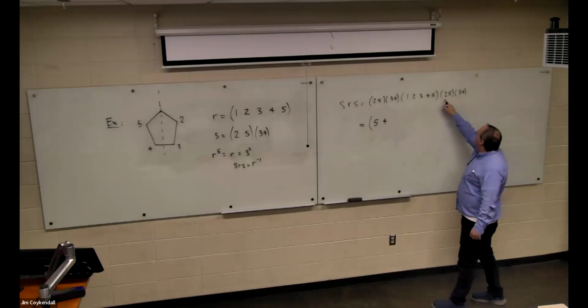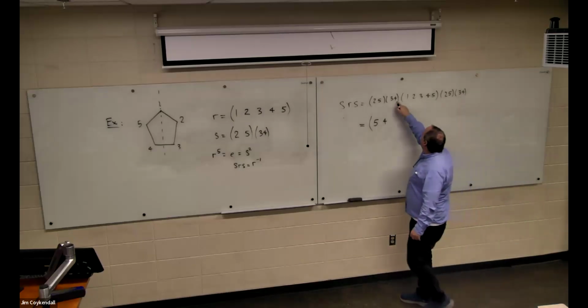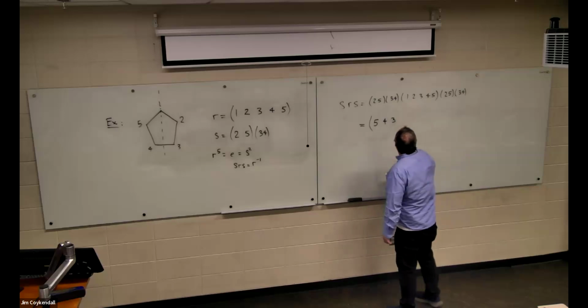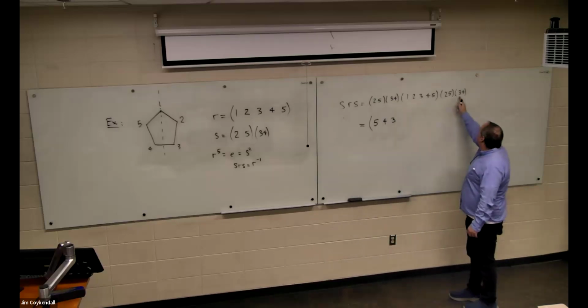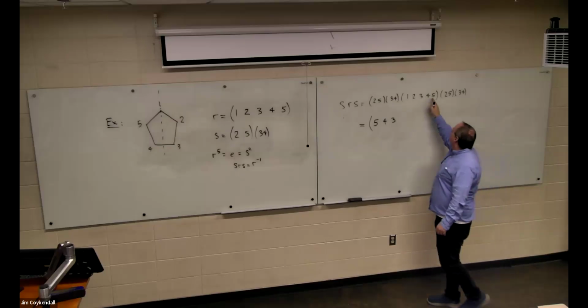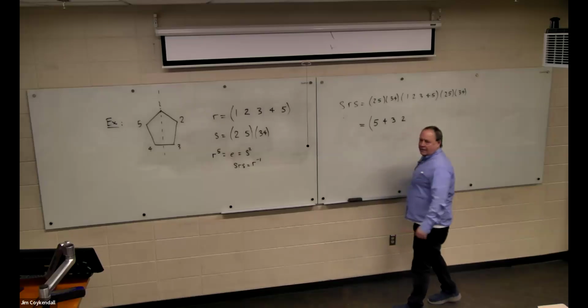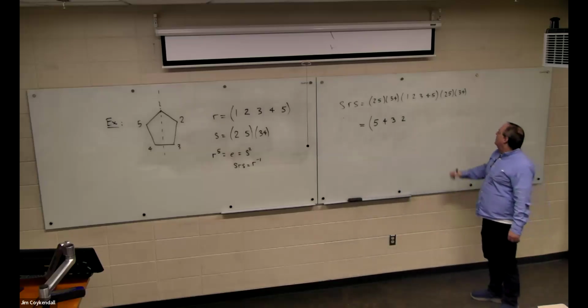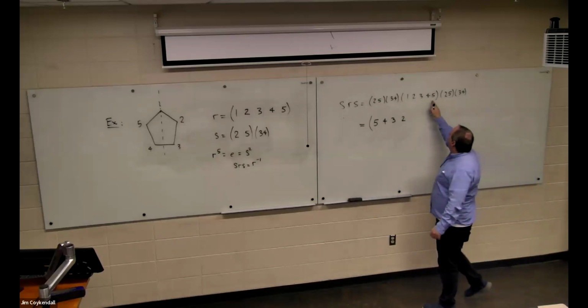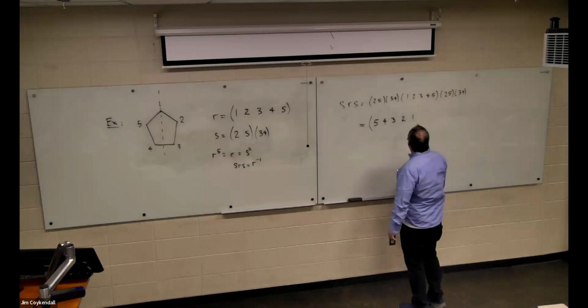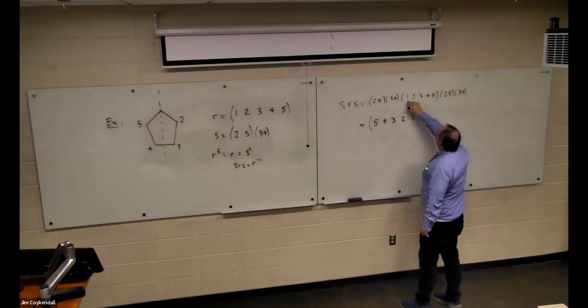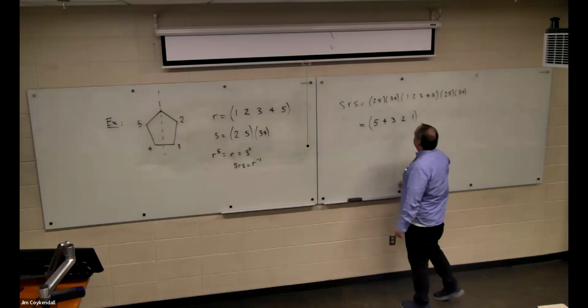To 3, to 4, 3. Where does 3 go? To 4, to 5, to 2. And where does 2 go? 5 to 1, done. And 1 goes to 2 to 5.